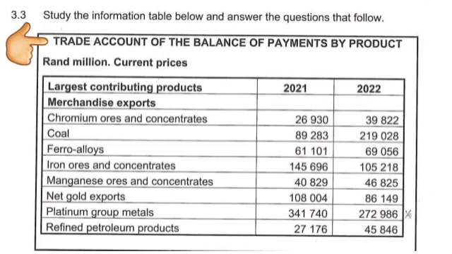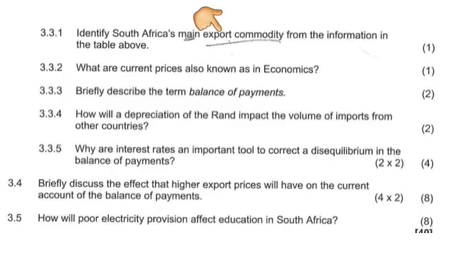So we have moved now into international trade, and in our international trade basically we are going to focus more on our balance of payments. So the questions that follow, you will see that they're going to be on international trade as well as balance of payment, describing what the balance of payment is and the commodities that are being traded, as well as dealing with imports and the disequilibrium in the balance of payment.